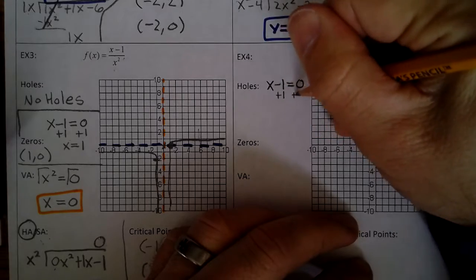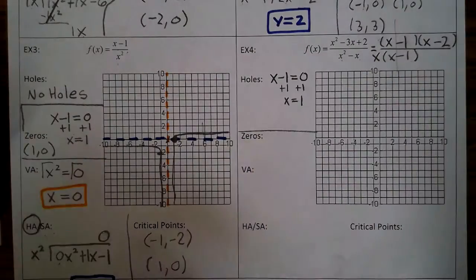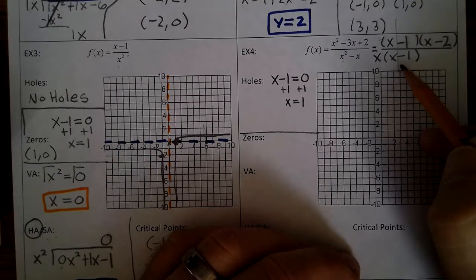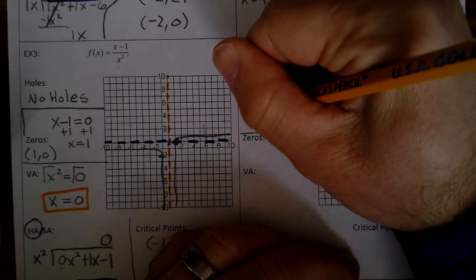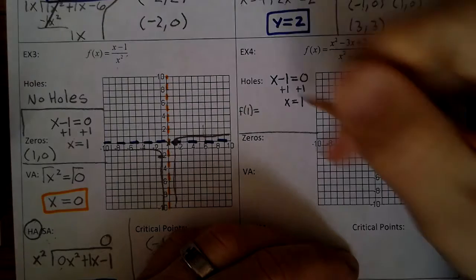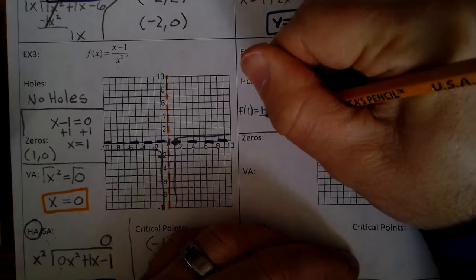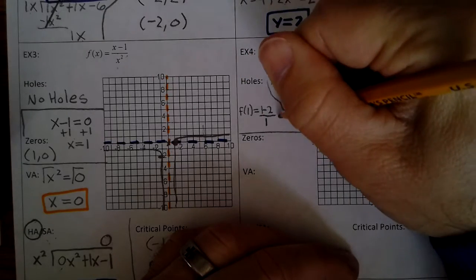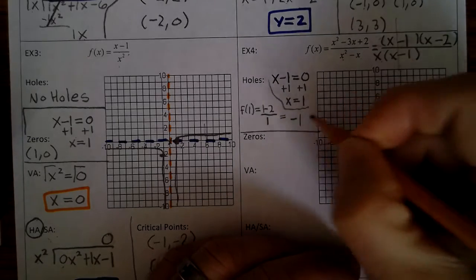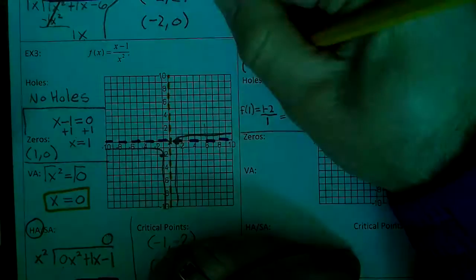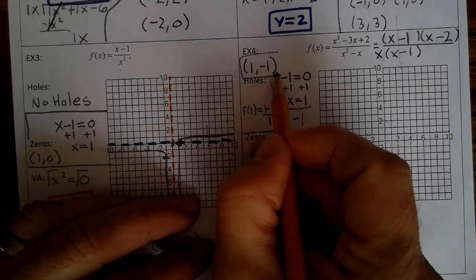So f of 1 equals 1 minus 2 divided by 1, which equals -1. So our hole is 1 comma -1. Okay, now that's an open circle. So I'm going to put a little x here for my axis. So I go 1, negative 1, and there's an open circle at that point.